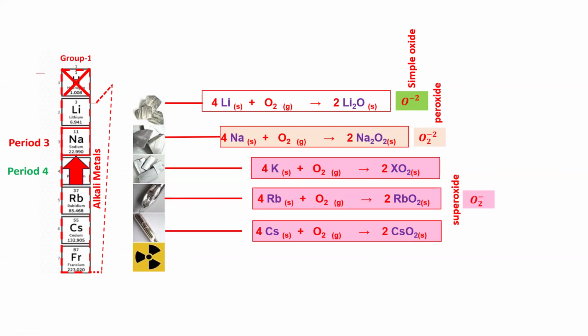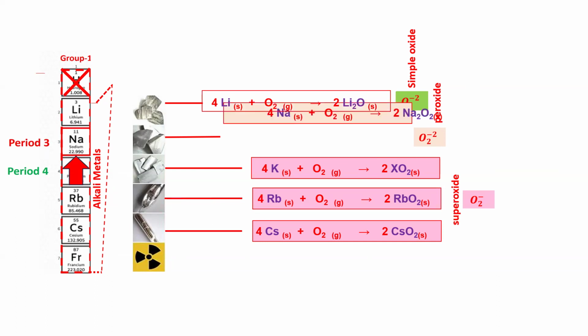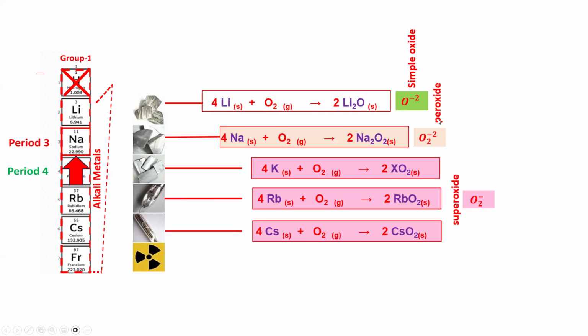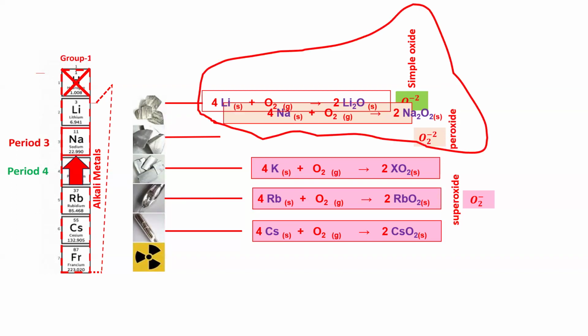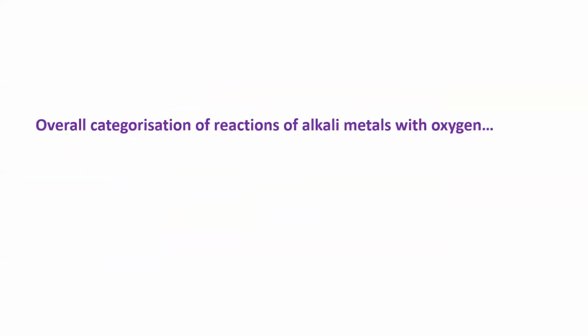Oxygen can react with sodium in almost two different oxidation states. It can either react in the form of peroxide or in the form of superoxide sometimes. So these two oxidation states of oxygen could be working for sodium. So simple oxide and peroxides can be working here.